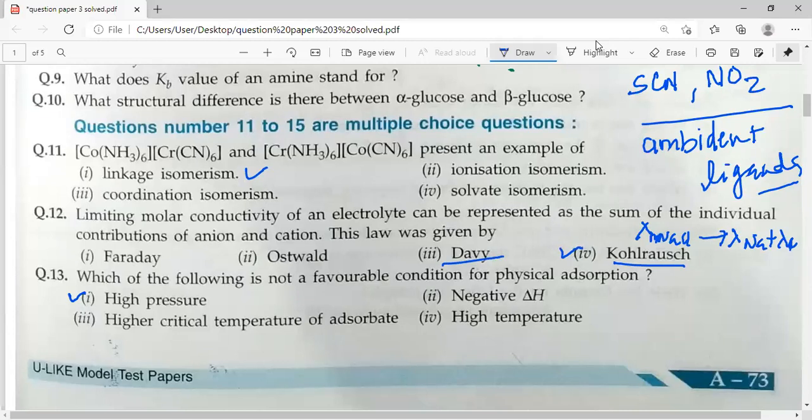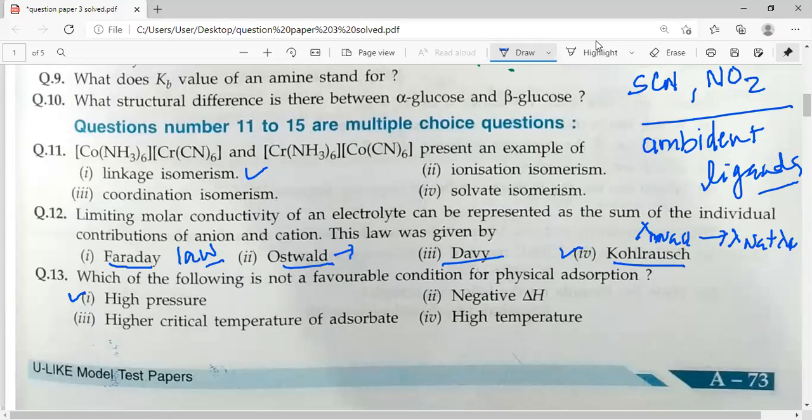Humphrey Davy discovered chlorine, and Ostwald was the scientist who gave us the process for preparation of nitric acid, and Faraday gave Faraday's laws.